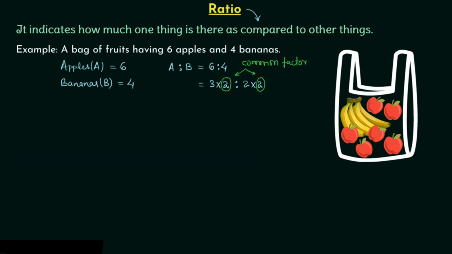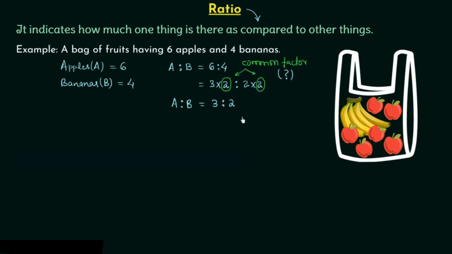We write the ratio in the simplest form, so we will have A ratio B equal to 3 ratio 2. We have not written the common factor, and this is a very important concept in ratio, because while solving problems we usually need to find the common factor first, and then we proceed with our calculation for the required quantities. So I hope you now understand what a common factor in the ratio is.